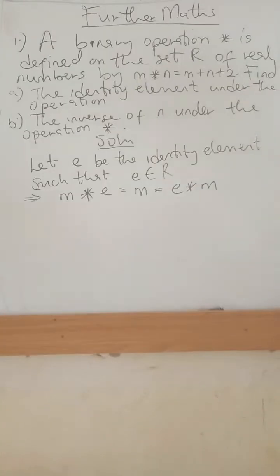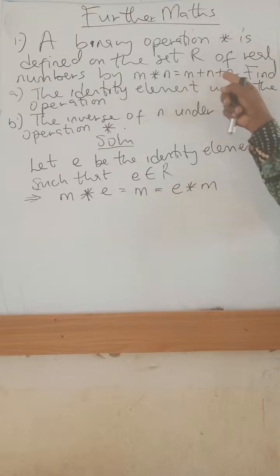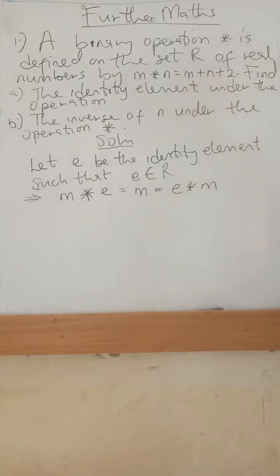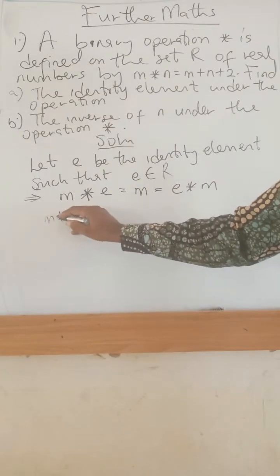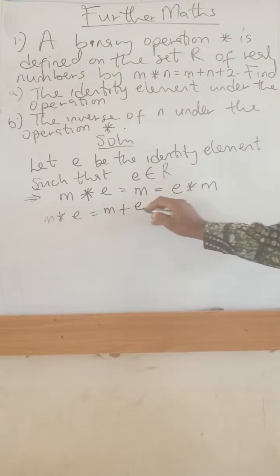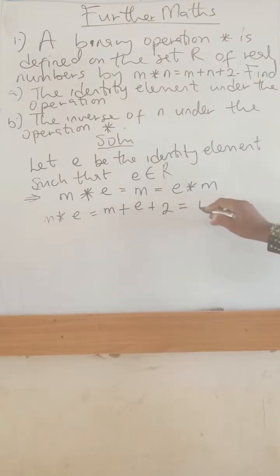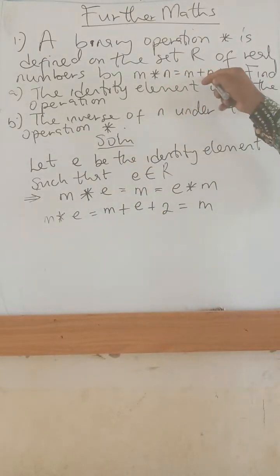Okay? Now, the operation is defined as m plus n plus 2. So it means m star E will be m plus E plus 2, which is still m. And you wonder, why did I put E here? Because the second, which is n, is taking this place.